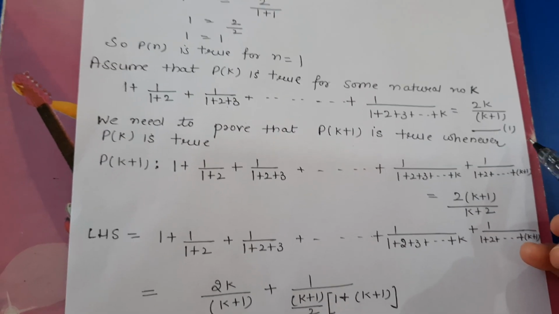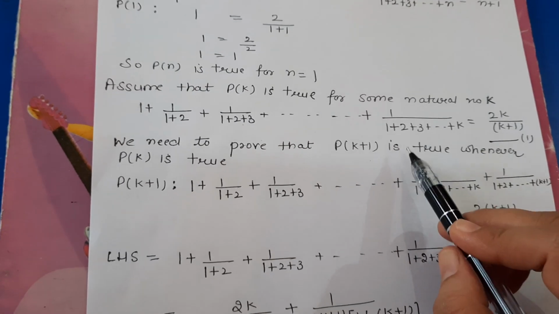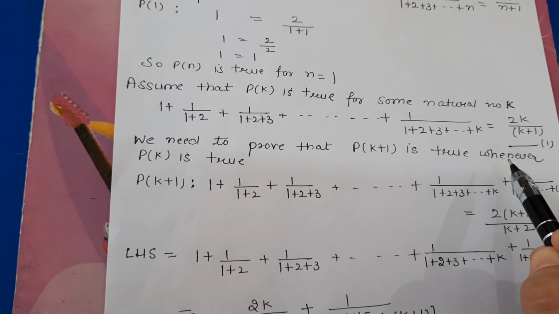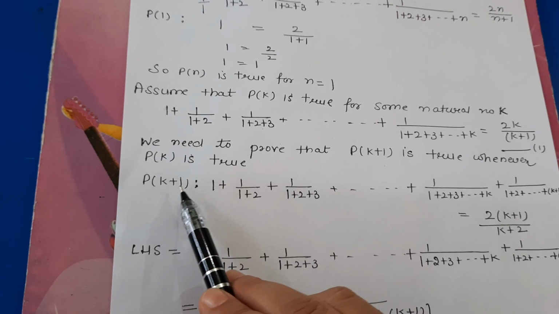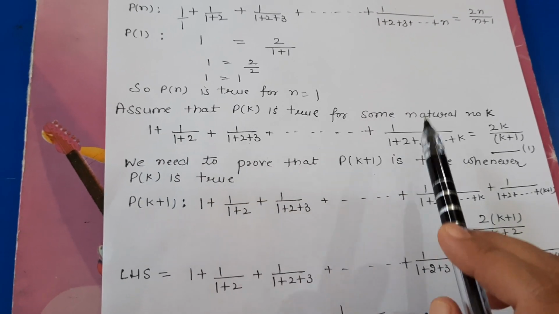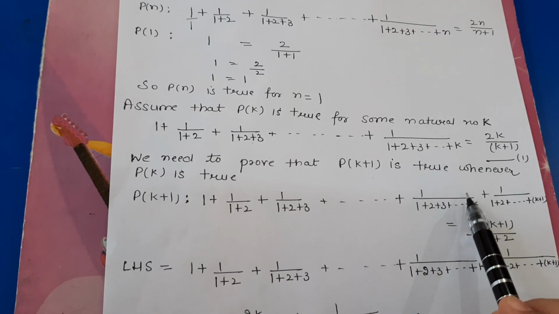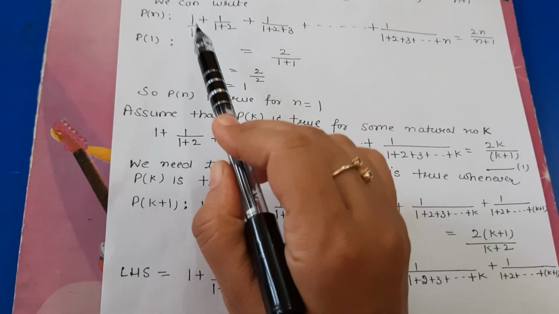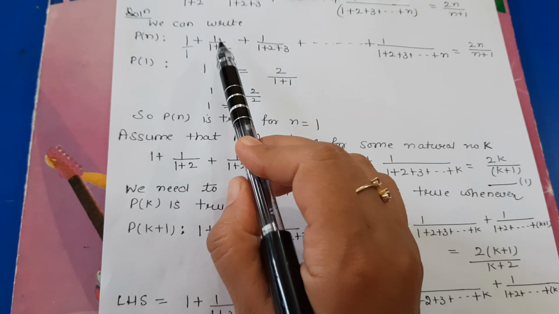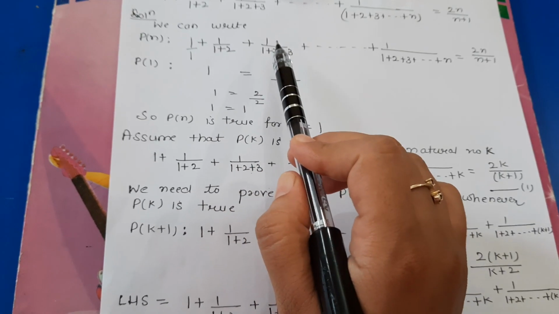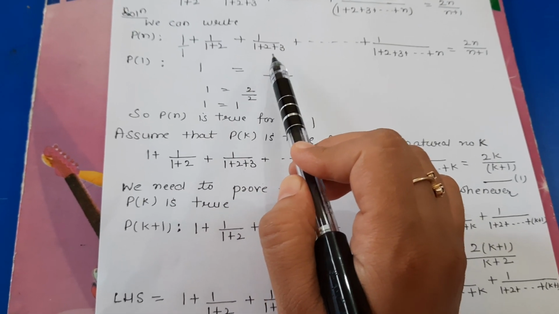The third step is, we need to prove that P(k+1) is true whenever P(k) is true. The important step is how to write your P(k+1). The first k terms you can write from here. Done? Now for the first term you have 1 upon 1. For the second term you have 1 upon 1 plus 2. For the third term you have 1 upon 1 plus 2 plus 3.